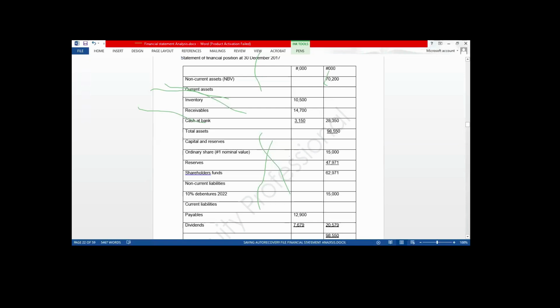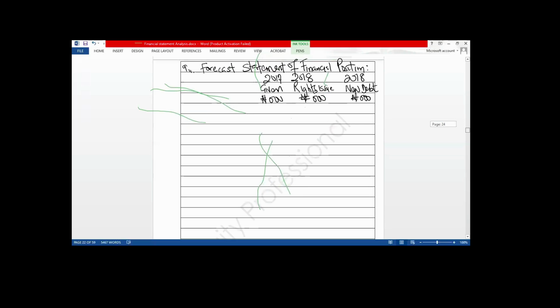Let us go to our working now. The third page is for our working notes. We start with working one.